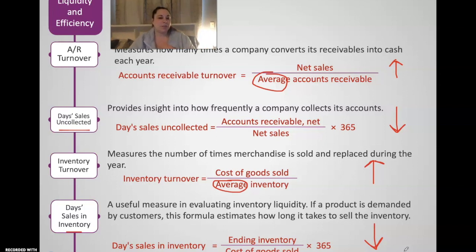For instance, a restaurant that has fresh food might want a much lower number, maybe under 7 days before they sell it. A company like a car dealership might take 60, 90 days to sell a car, so they'd have a much higher number. So it really depends on the industry here. But you would be taking your ending inventory, so this year's inventory, divided by your cost of goods sold, times 365.